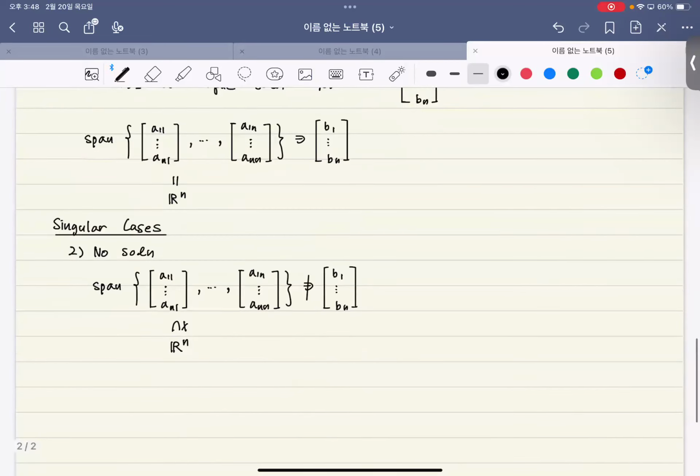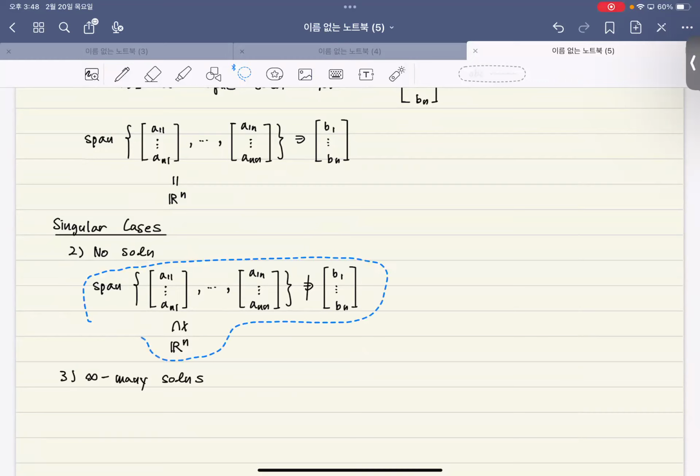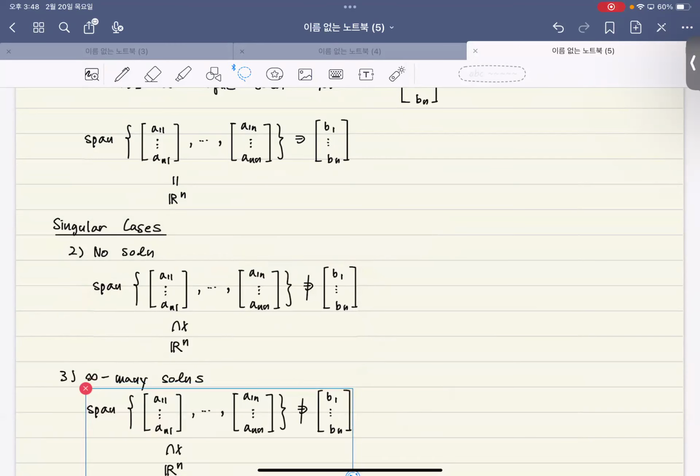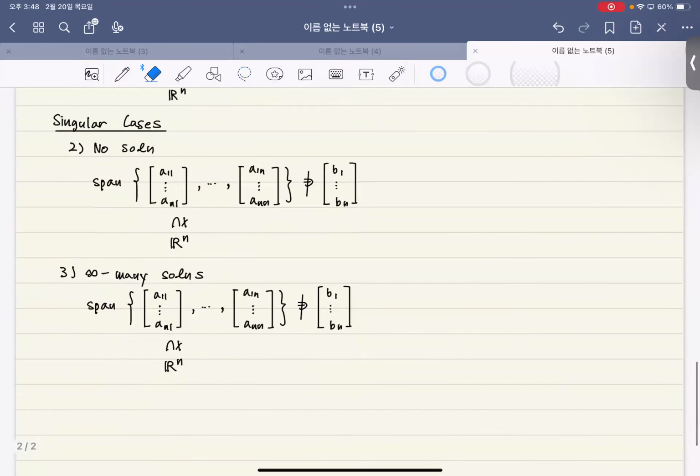And lastly, the infinitely many solutions case. The system has infinitely many solutions only if the span of all these columns is not Rn. Actually, this is a tiny little fraction of the whole ambient space.